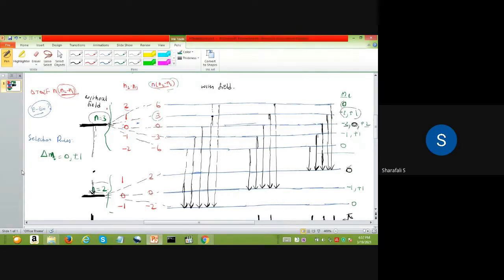So the delta L value and all other selection rules also will come here. In this particular transition we are considering, we are taking these selection rules. Delta L should be equal to plus or minus 1. Then we have delta J equal to plus or minus 1, 0. So in this transition, we are taking delta ml equal to 0, plus or minus 1 for these n equal to 3 and n equal to 2 cases.